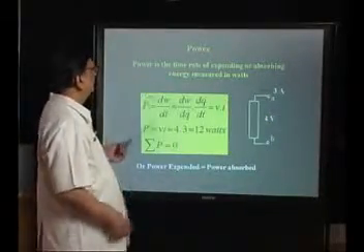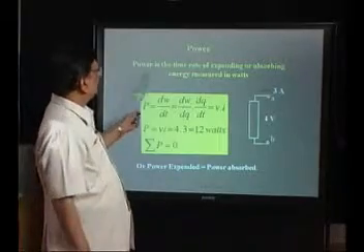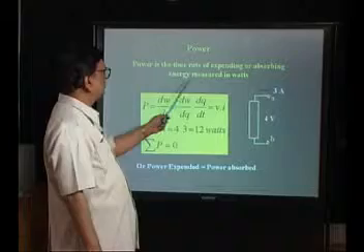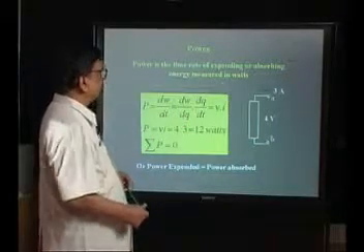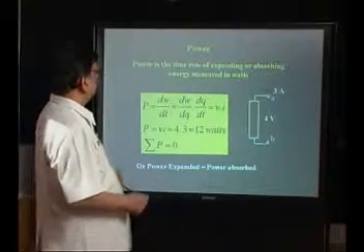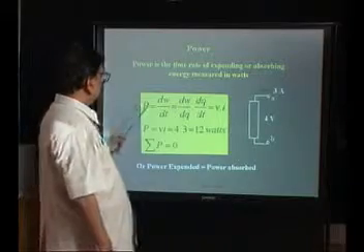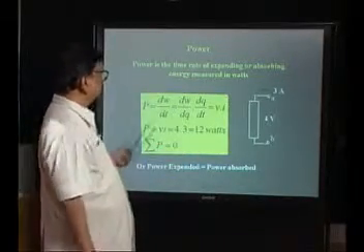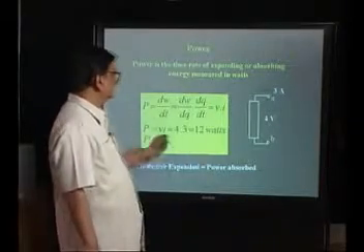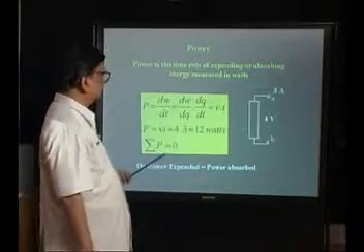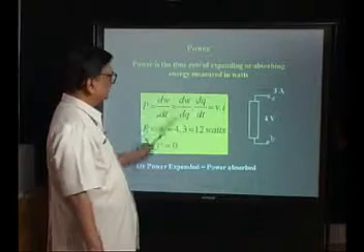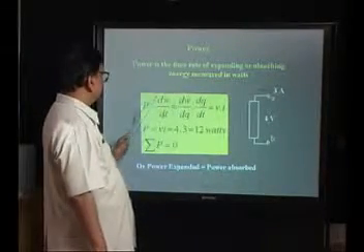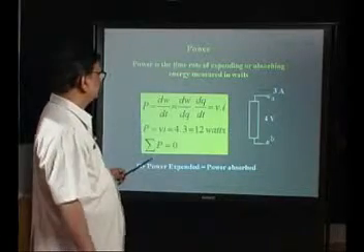Now, we shall define what power is. Power is the time rate of expending or absorbing energy, measured in watts. If certain energy is spent in a particular device, let us say the spent energy is dW and that is spent in a time dt, then dW by dt is the power by definition.